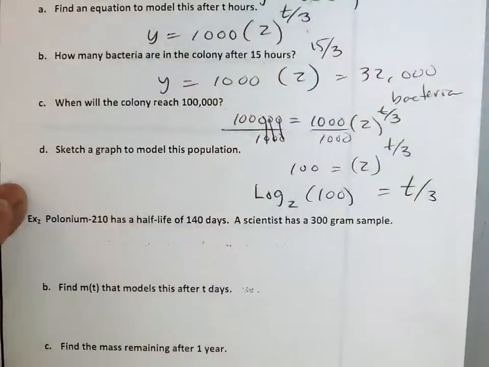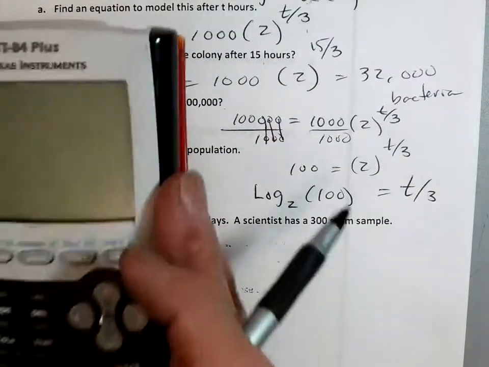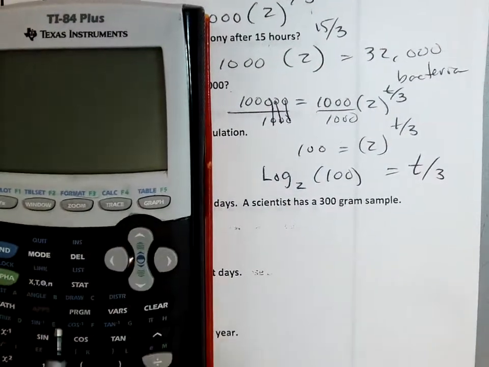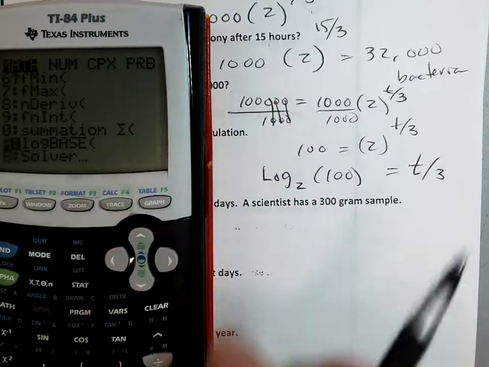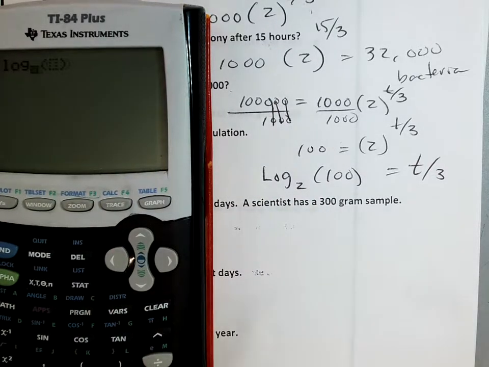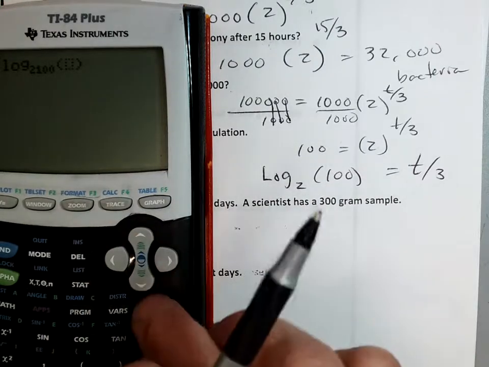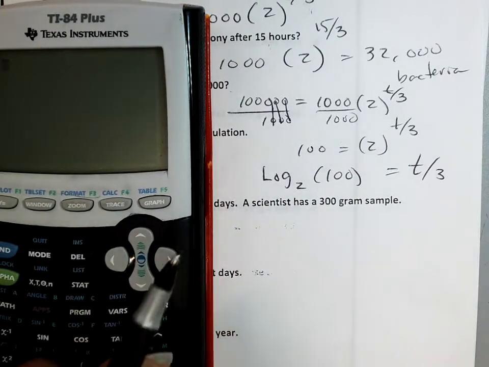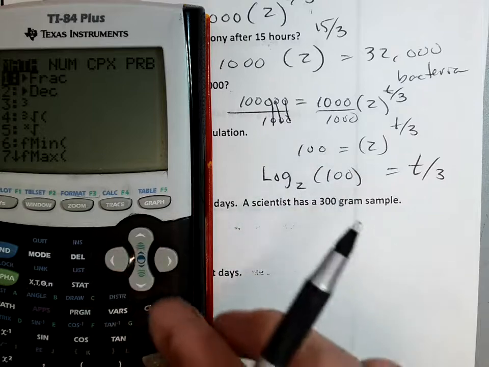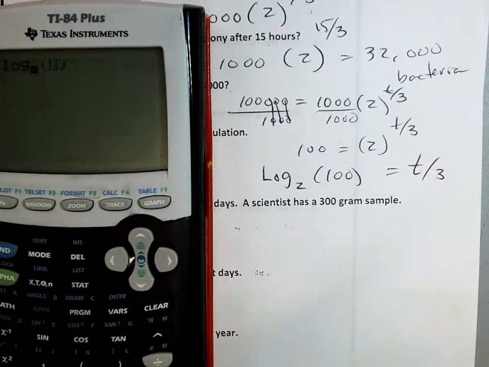Oh, I got the old calculator. The old calculator won't do it. So, math, log base 2 of 100. Hold on, I got to do it again. Math, log base 2 of 100.